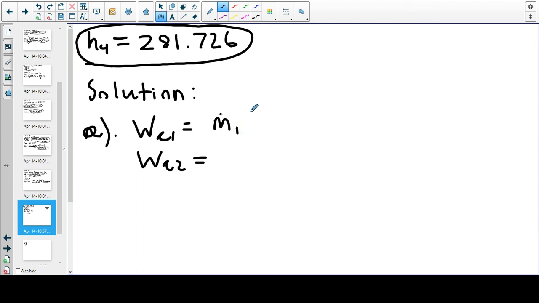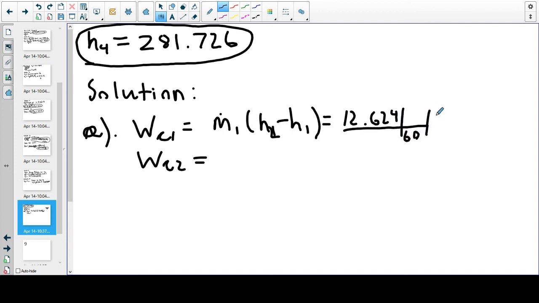We already have the mass flow rate at the first compressor, which we solved for earlier through the heat in, the evaporator, I think. So right here we have the mass flow rate in kilograms per minute. We must turn it to seconds to get kilowatts in the end, because a kilojoule per second is a kilowatt.